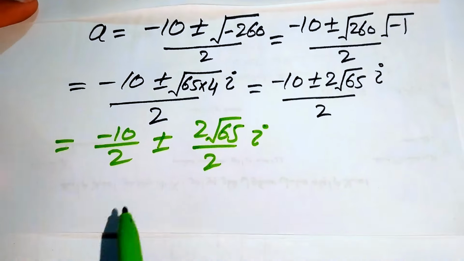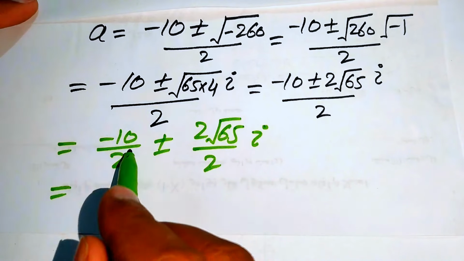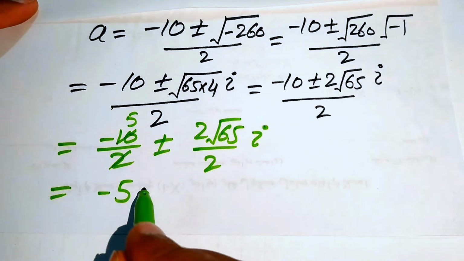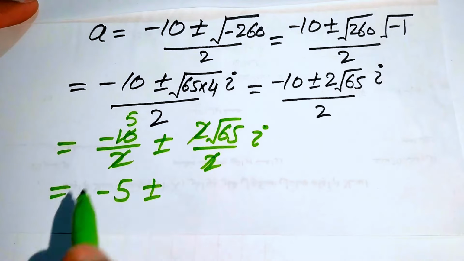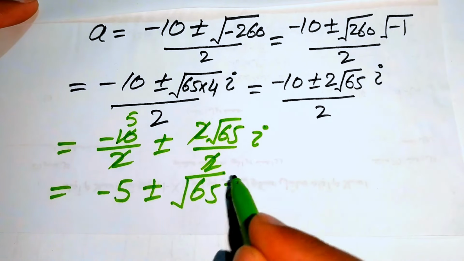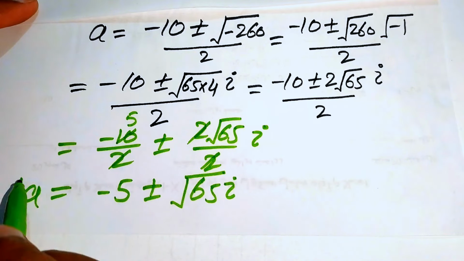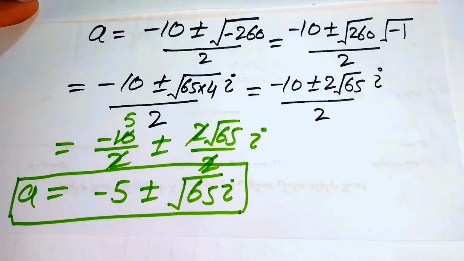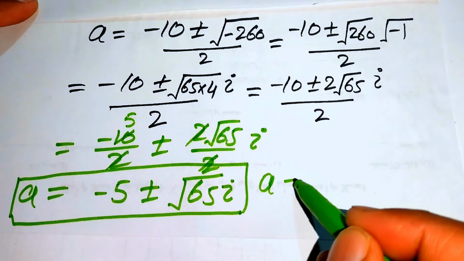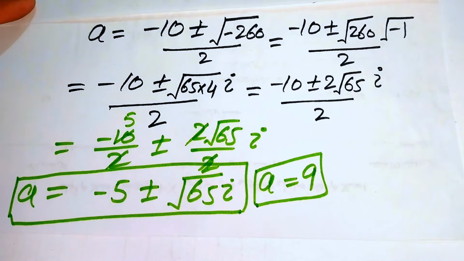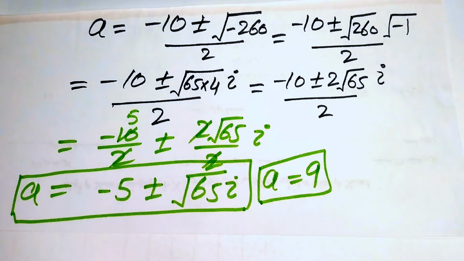Now we cancel some terms: 2 fives are 10, and we get minus 5 plus minus, the 2 is cancelled out by this one, and we get square root of 65 times iota. So these are the other two complex values of the given equation, and its one real value is a equals 9. These are the three roots of the given equation, and this is the final answer.